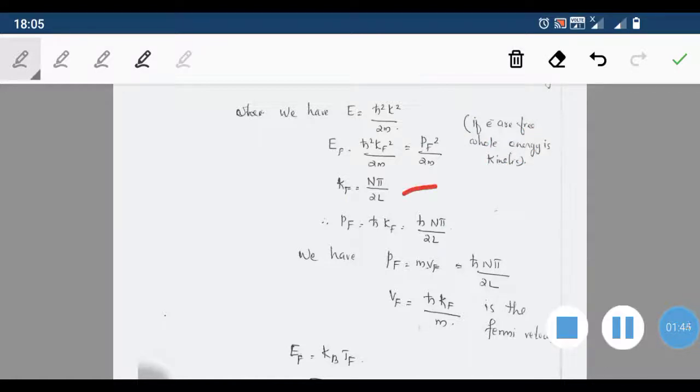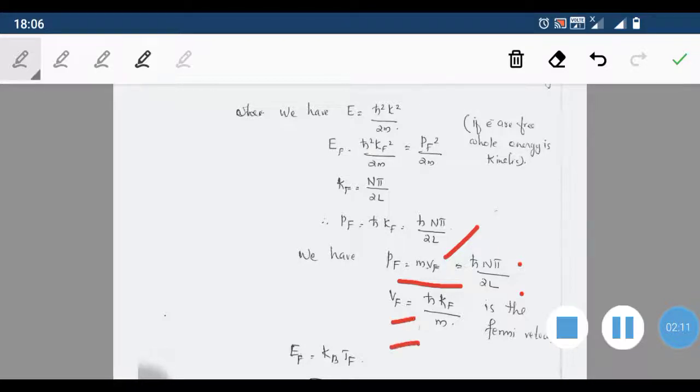So therefore pF we can write as ħ into kF, that is equal to ħ into, instead of kF, Nπ/2L. So this is the expression for the Fermi momentum. And also pF is equal to m into vF, so that is equal to ħ into Nπ/2L. So vF is the Fermi velocity. In terms of momentum it can be expressed as mass into velocity.